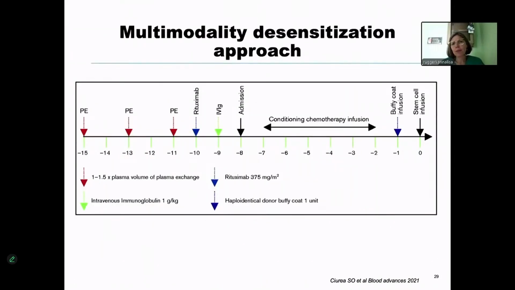So one other approach is the multimodality desensitization approach, which has been reported by colleagues from the US, and Stefan Surea is the first author, showing a combination of the physical remotion, so the plasmapheresis, in alternance with the anti-CD20 and the high-dose IgIV, in order to reduce the level of antibodies, the burden of antibodies, and then reduce the risk of graft failure.